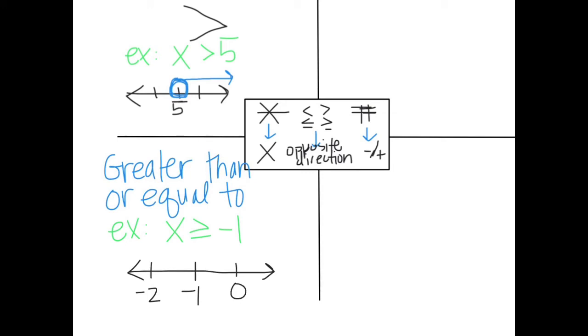And now when I'm graphing this one, this statement says that x is greater than or equal to -1, and I show that or equal to by shading in that dot. As we said before, if we have our x on the left, this shows me the direction that my arrow should go, so I can use that as a guide for my own arrow that I fill in right here.